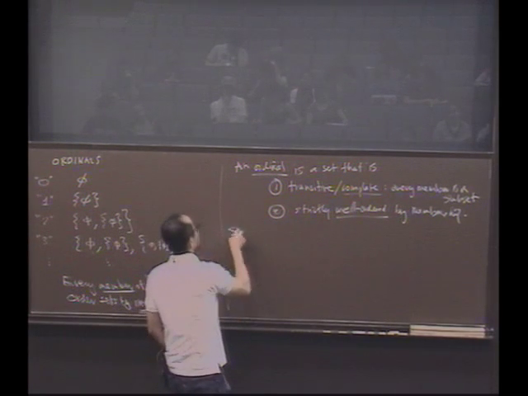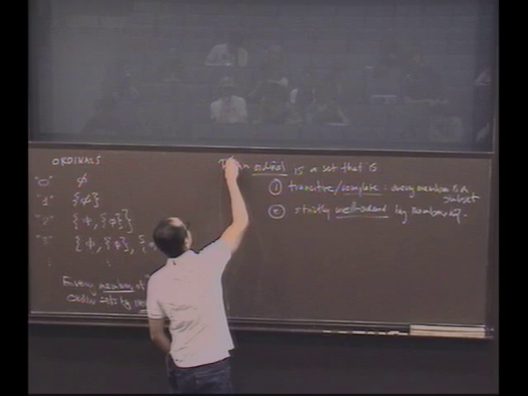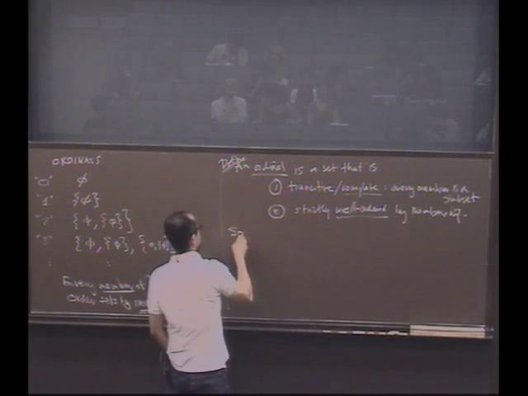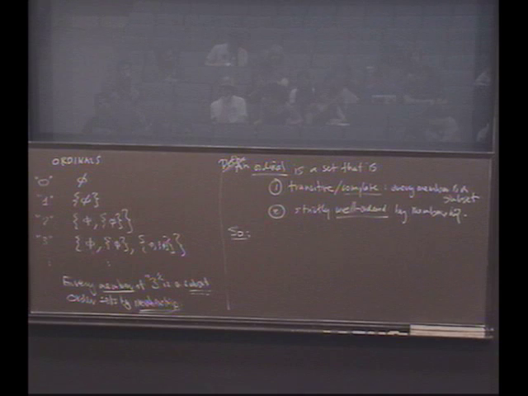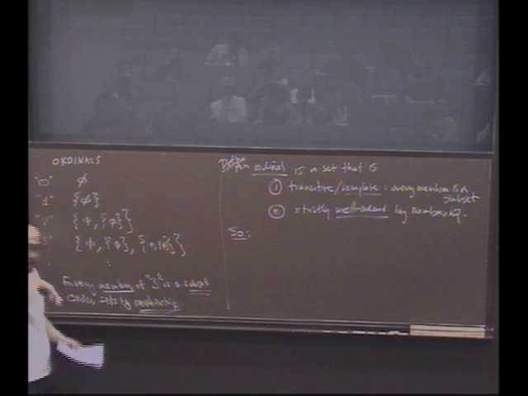Okay, so from this definition, it's a very innocuous definition, there's a lot that comes from it. You might wonder, well, what do the ordinals look like? What other things are ordinals besides the ones that are the obvious ones here?